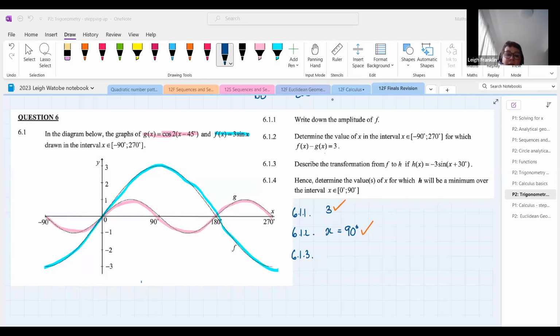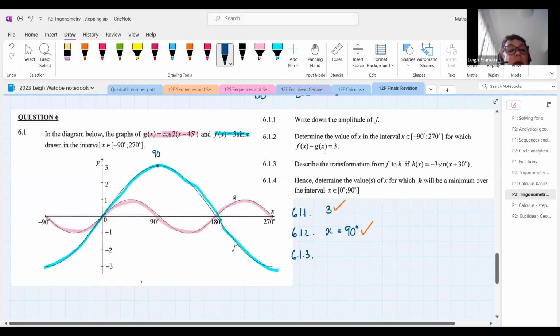So again, another describe the transformation. So you guys read question 6.1.3. I'm just going to quickly explain this to Ayanda. So Ayanda, if you have a look up here, what are the coordinates? 90 and 3.